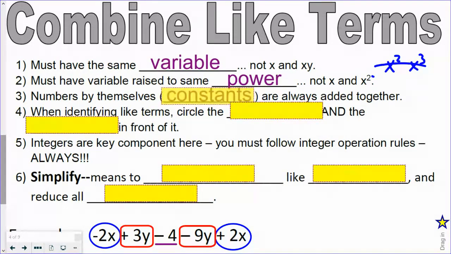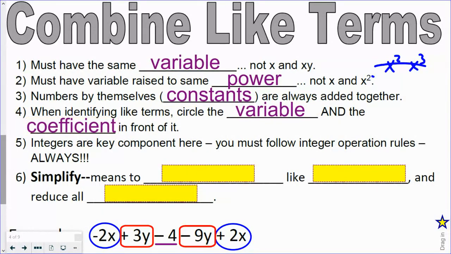Numbers by themselves, constants, are always added together. When identifying like terms, we circle the variable and the sign or coefficient in front of it. That way we know if it is a positive or negative coefficient with a variable. Integers are key components. We must still follow all integer operation rules.